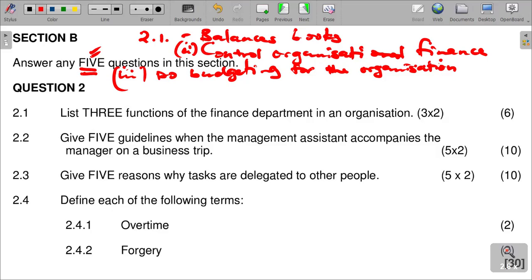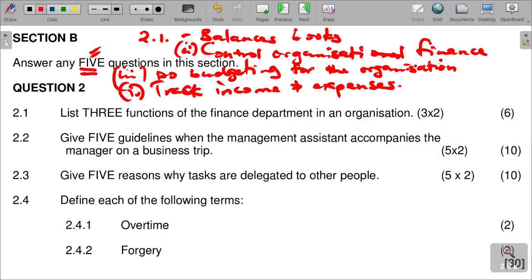They also track income and expenses as one of the main functions of the finance department.